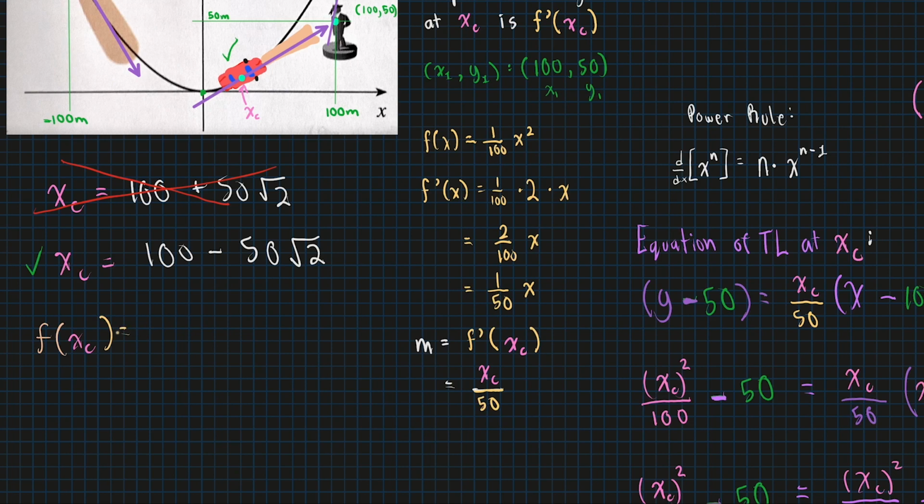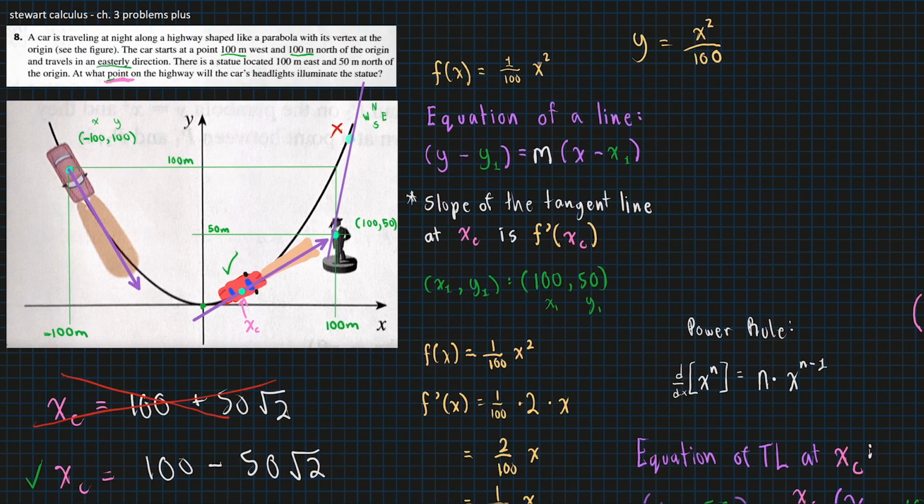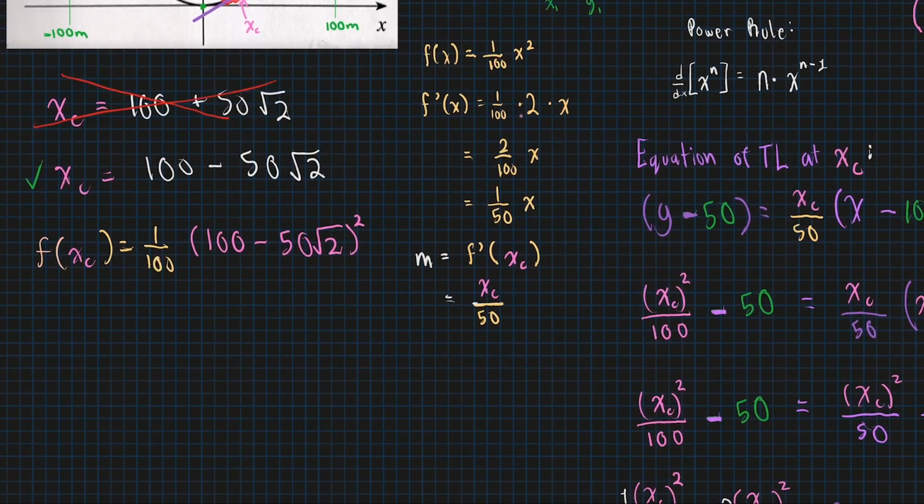So that is equal to 1 over 100 times, and I'll do it in pink here just so you know it's x sub c that we're plugging in, 100 minus 50 times the square root of 2, squared, right? Because we have x squared here in our f of x. All right. I am sure you can plug this into a calculator or work it out yourself. This video is getting pretty long, but I hope this helped.